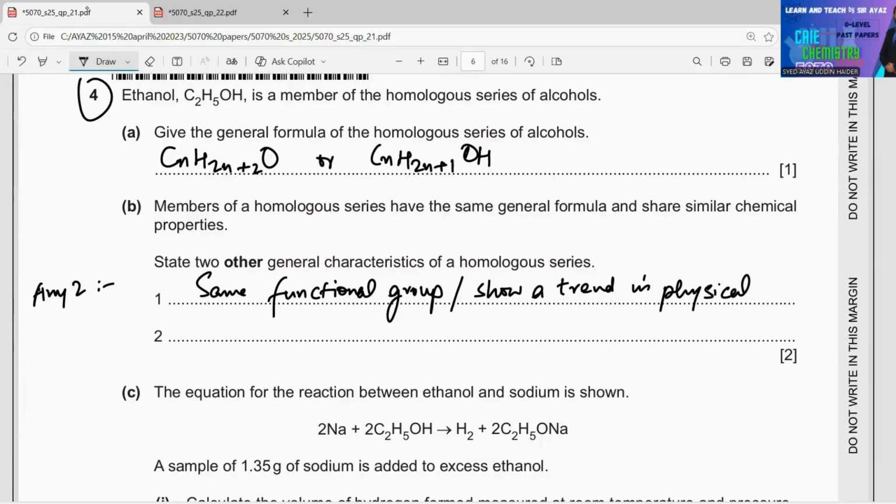Now, what does it mean? That there is either an increase or decrease in melting point or boiling point as the chain increases. Each successive member differs by a CH2 group of 14 units.